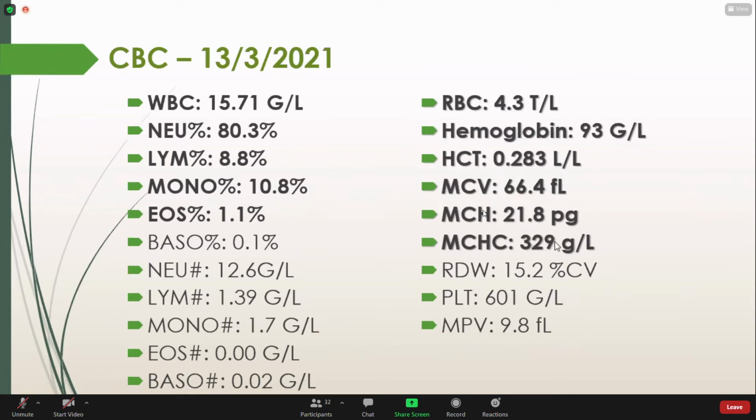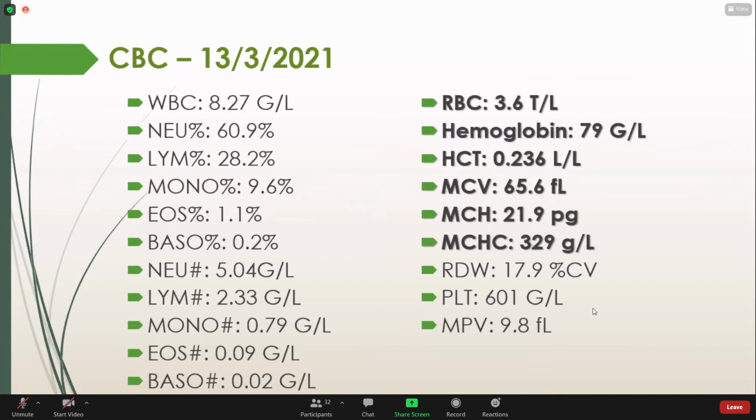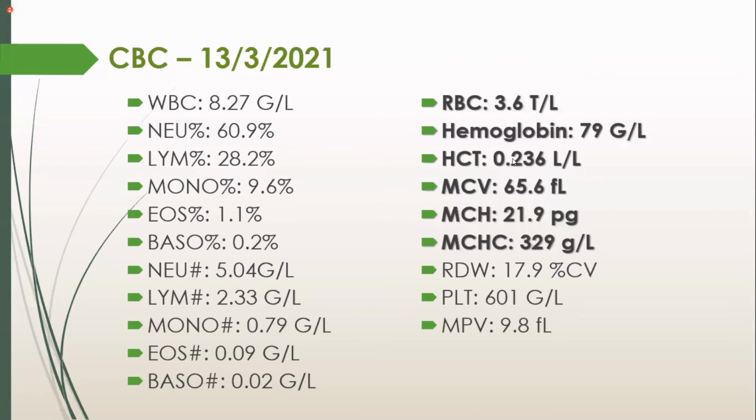So I think that she has anemia. Sorry, 2 days later, sorry about the date. Her white blood cells were normal, but she also has abnormal red blood cells. So I think that she has chronic anemia.